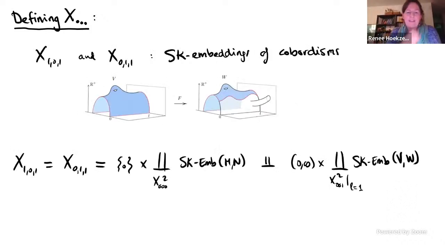Then on x101 and x001, I now want to define an SK embedding of cobordisms. In particular, I define an SK embedding of cobordisms that extends the 2 SK embeddings on the front and the back. And I get this image of the degeneracies.